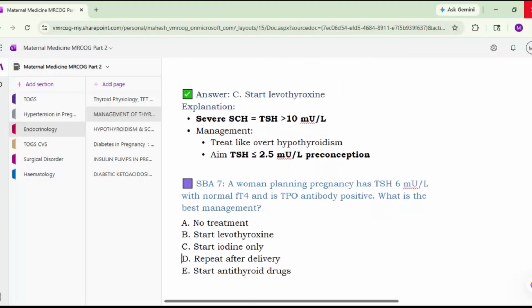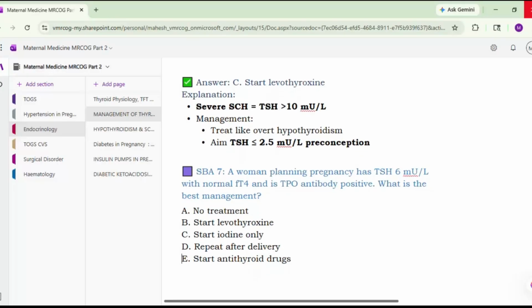Okay, next. A woman planning pregnancy has TSH 6 milliunits per liter with normal free T4 and positive TPO antibody. What is the best management? A, no treatment. B, start levothyroxine. C, start iodine only. D, repeat after delivery. E, start antithyroid drugs. It is B, start levothyroxine.